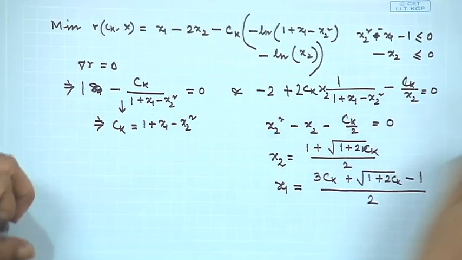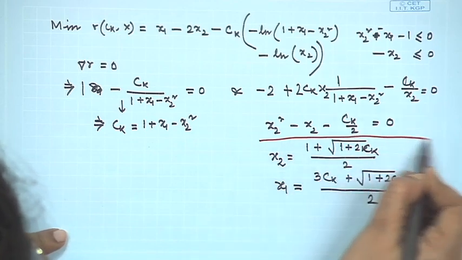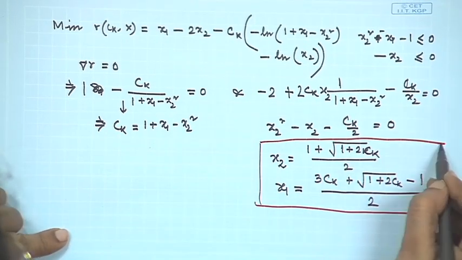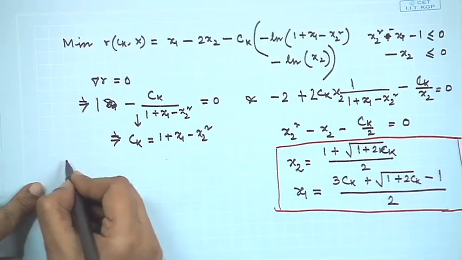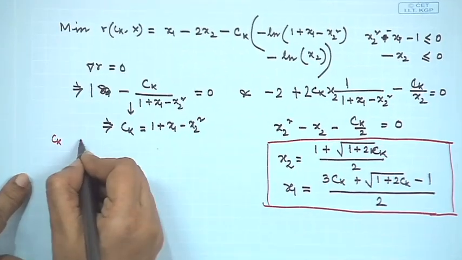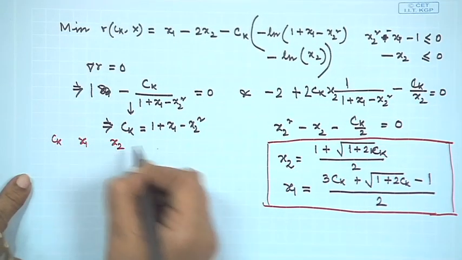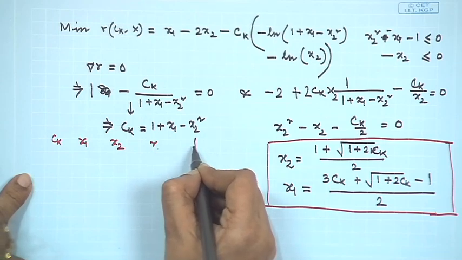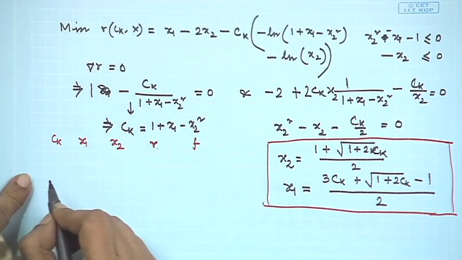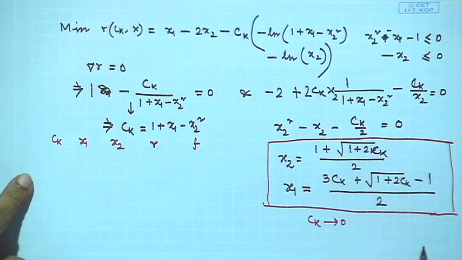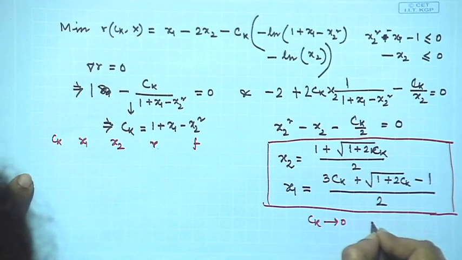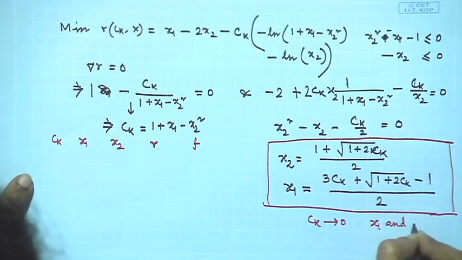If we get these two values for x1 and x2, then we will formulate the table for different values of c k: x1, x2, the value of r, the value of f. One thing we can do is make c k tend to 0 and get the optimal values for x1 and x2.